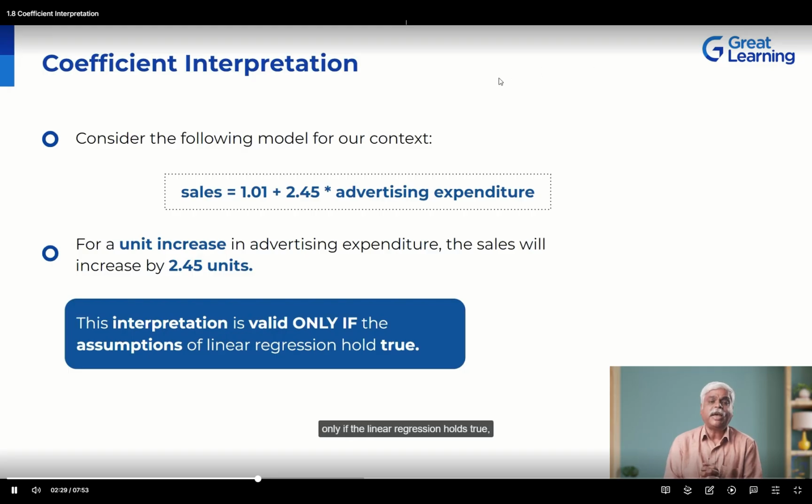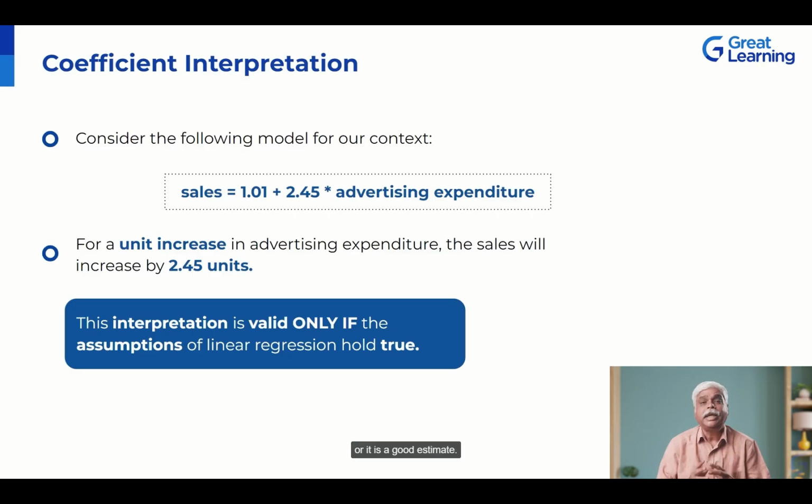This interpretation is valid only if the linear regression holds true or is a good estimate. Strictly speaking, there is no way that the linear regression is true. We've seen that in the graph. So what do statisticians mean when they say that this equation is valid and this equation is true? They mean something a little more careful.